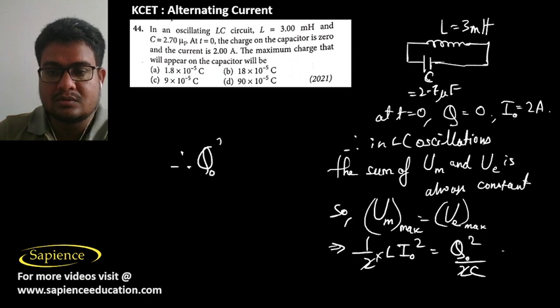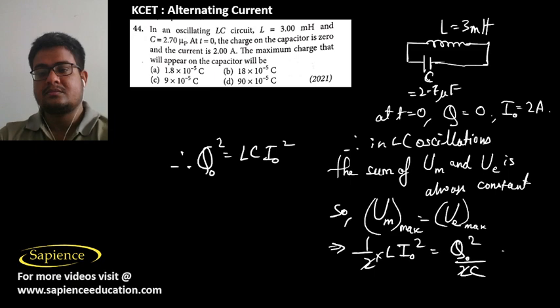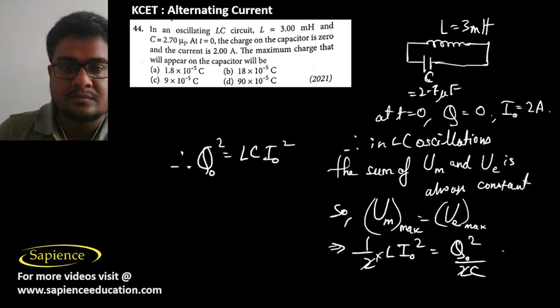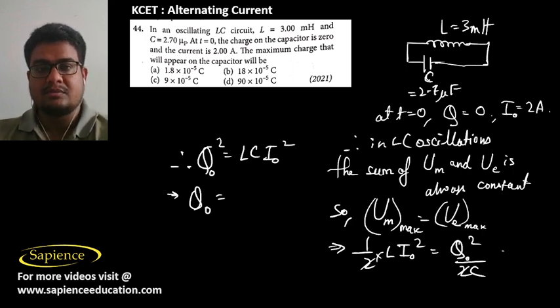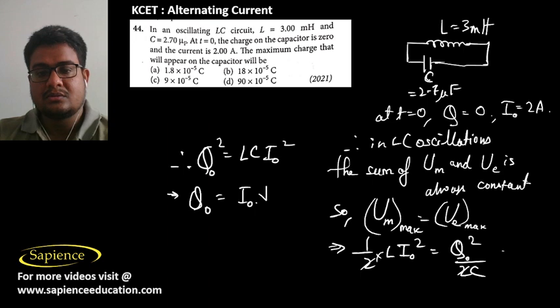So Q naught square is equal to LC into I naught square. Therefore Q naught, the maximum charge that will appear on the capacitor, is equal to I naught into root over LC.